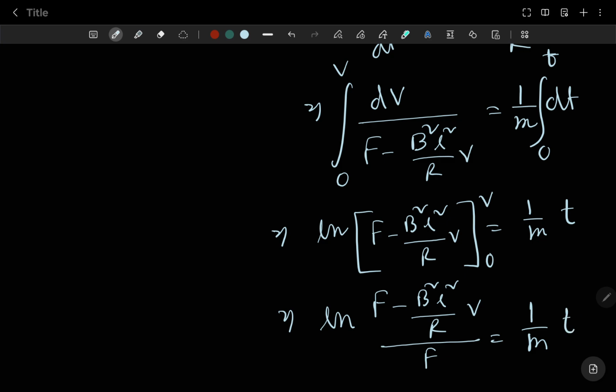And also I've missed something: minus R by B square L square, the integration formula. It will come here.